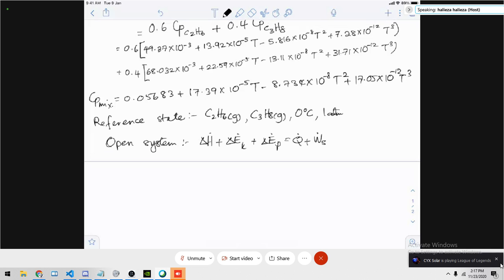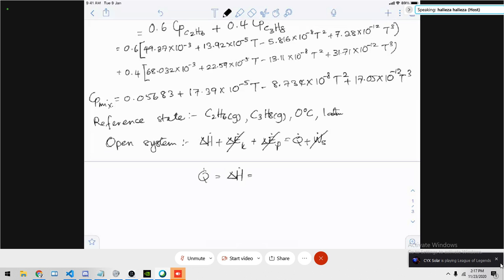So we know that there's no kinetic energy change, there's no potential energy change, and there's no shaft work, based on the fact that there's no change in velocity for the kinetic energy. There's no change in elevation or height, and there's no moving parts, no turbines, no pump. So we drop off these terms. We end up with heat equals the change in enthalpy.